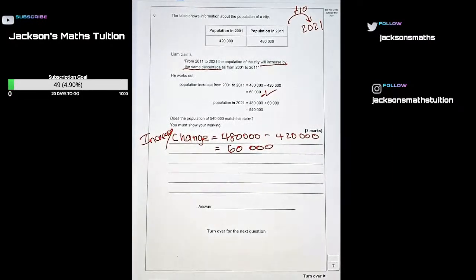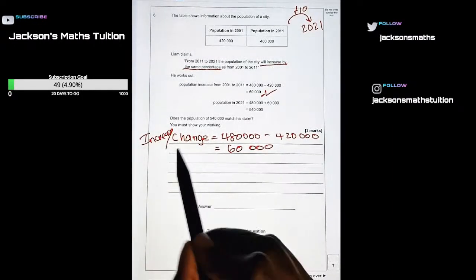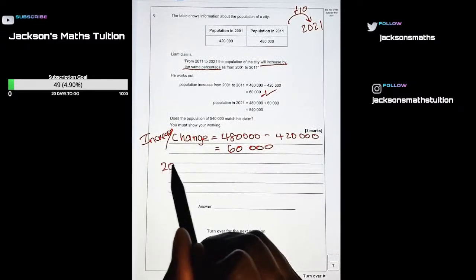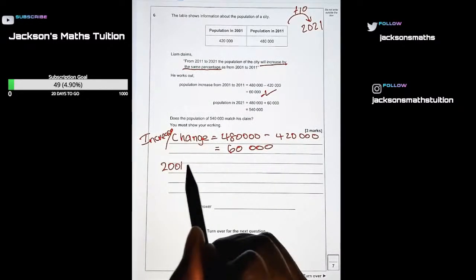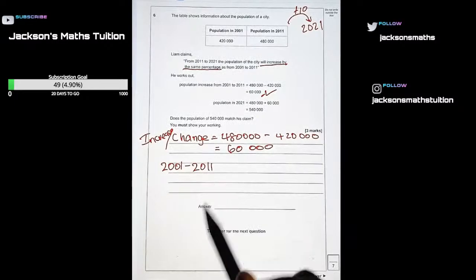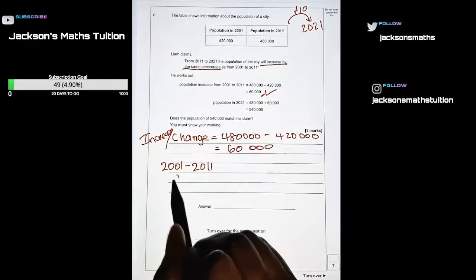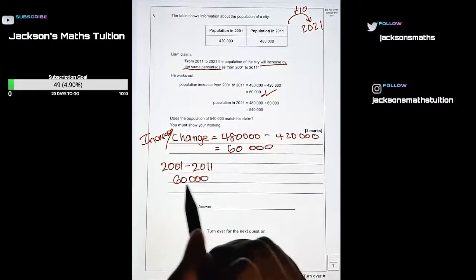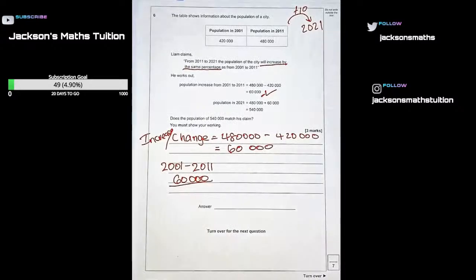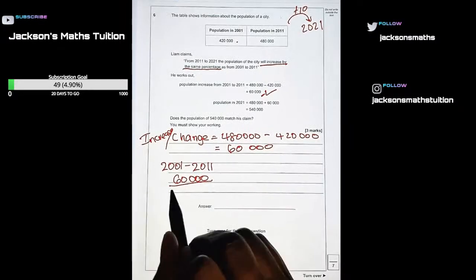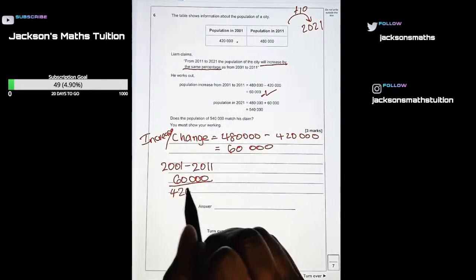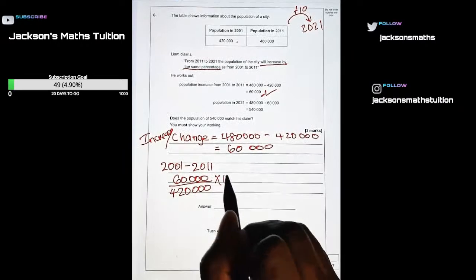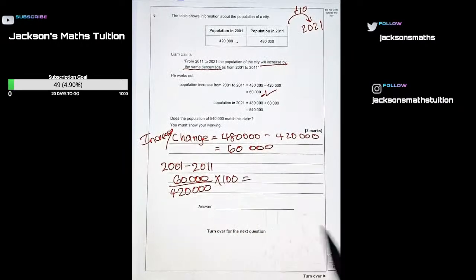So to get the percentage change from 2001 to 2011, we're going to put 60,000 over the original, and the original figure was 420,000. Then we times that by 100 to get the percentage change.